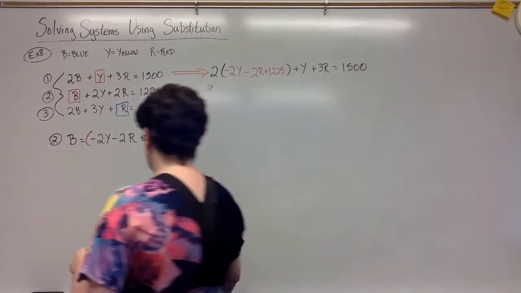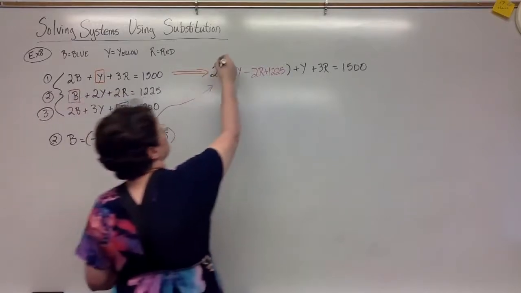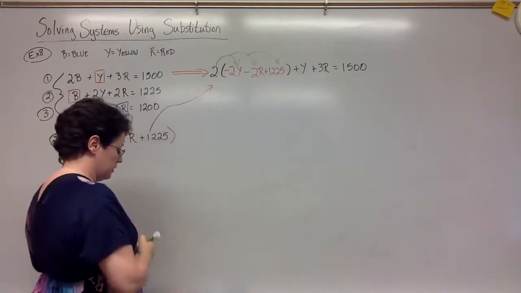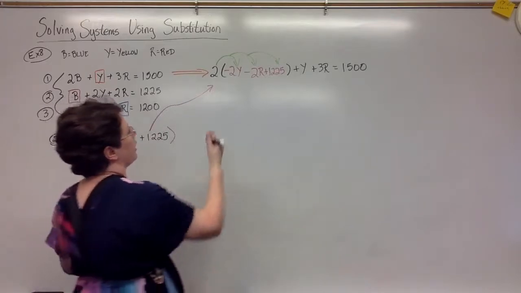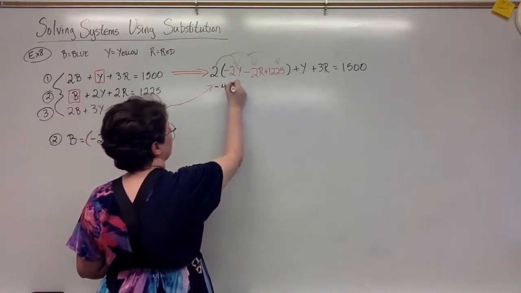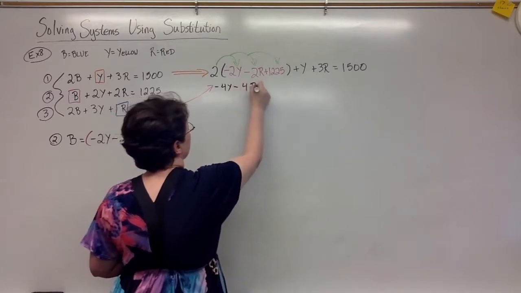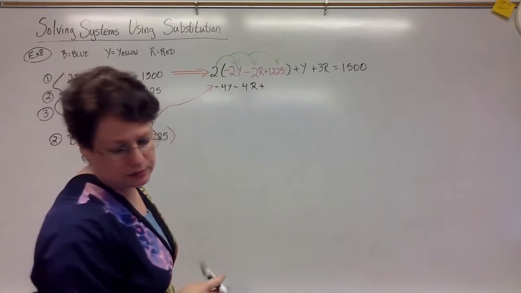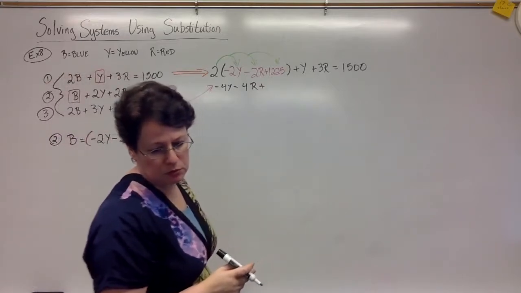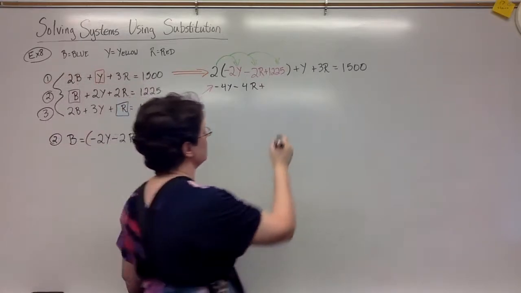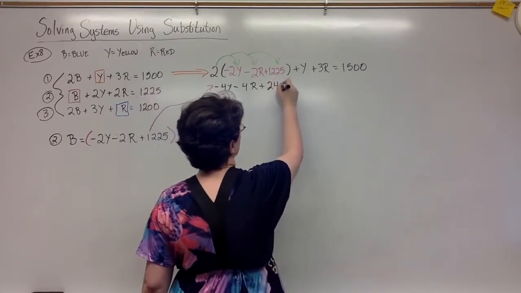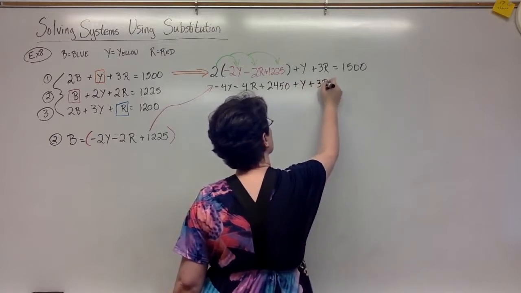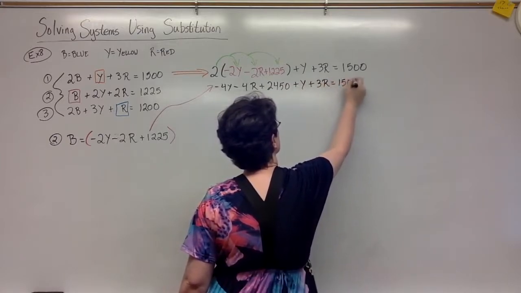All right, we're going to come in and distribute that 2. Everybody's going to get the 2 that's inside the parentheses. So now I have negative 4y minus 4r plus, what do we get for that? 2450 plus y plus 3r equals 1500.